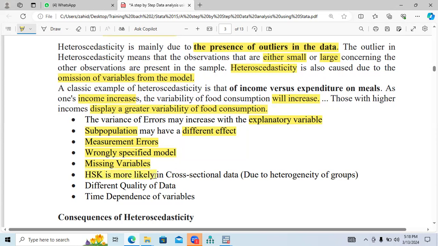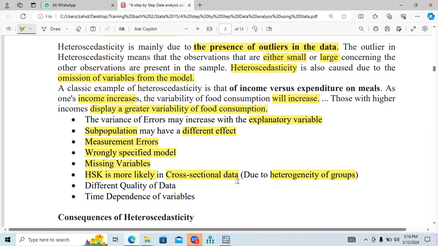Heteroscedasticity is more likely in cross-sectional data due to heterogeneity of groups. Heterogeneity means when you have subpopulations, different groups in your population. So if the data that you have collected from different companies is divided into different groups, then there is a high chance of heteroscedasticity.